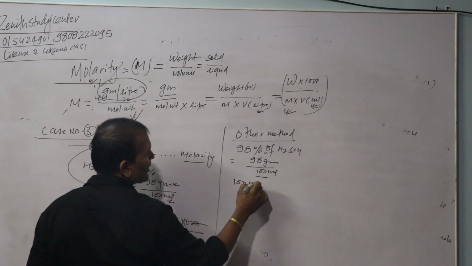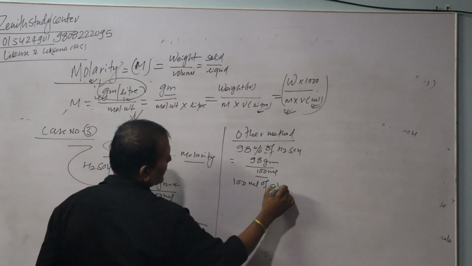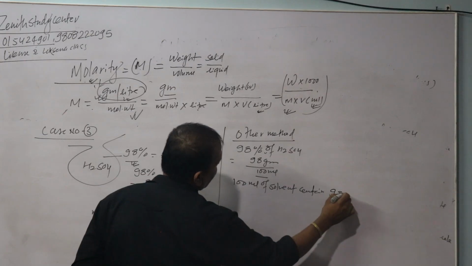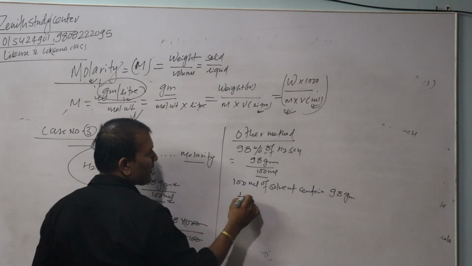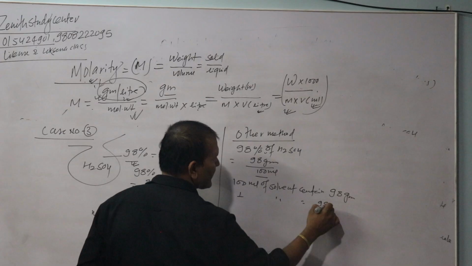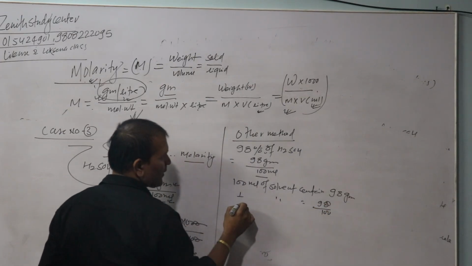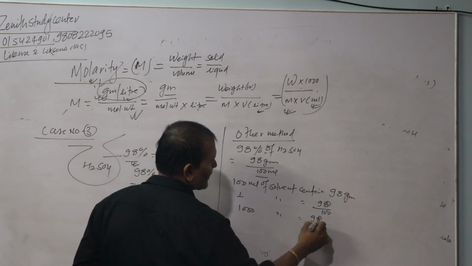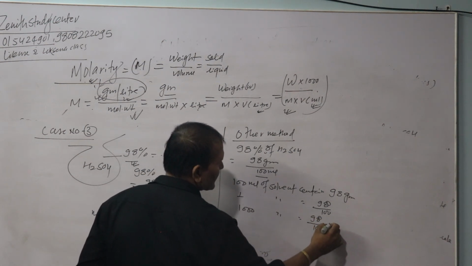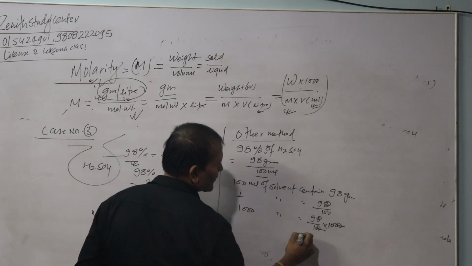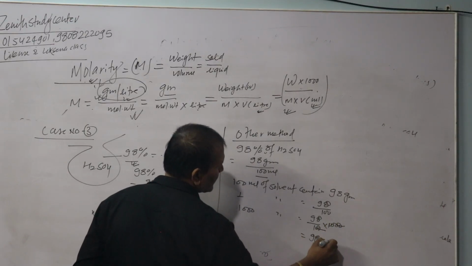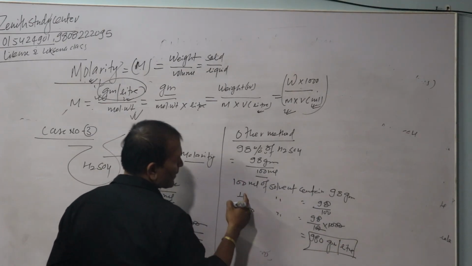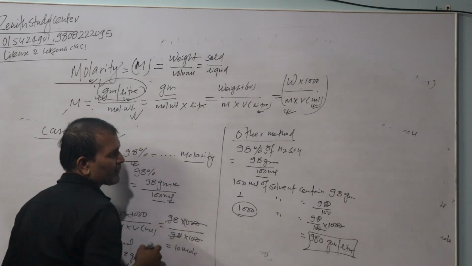It means that 100 ml of solvent contains 98 grams. So what is 1 ml? 98 by 100. And in 1000 ml, 98 by 100 into 1000. So 980 gram per liter, because we calculate in terms of thousand.